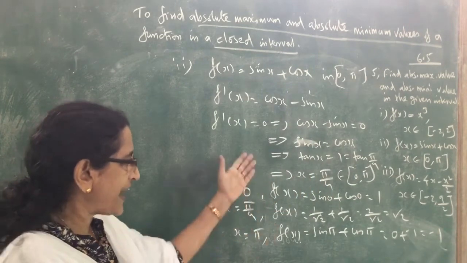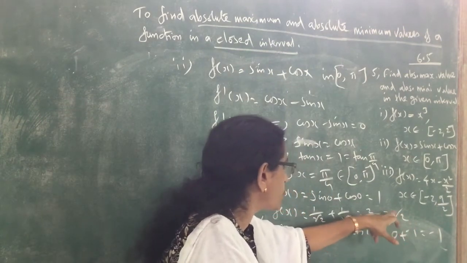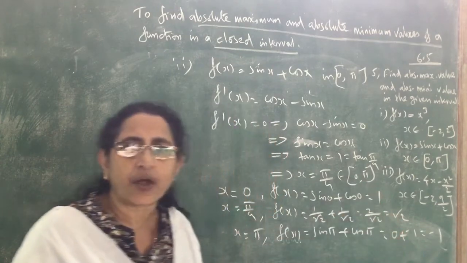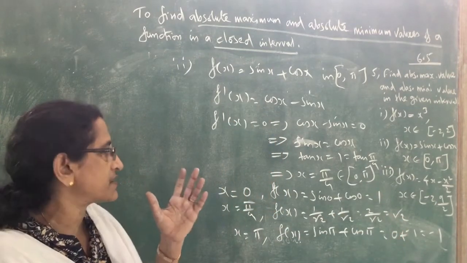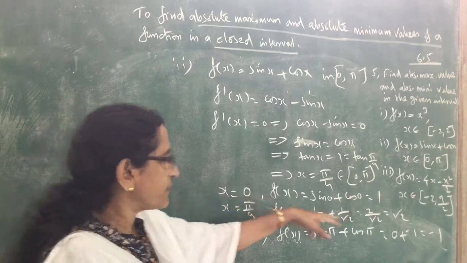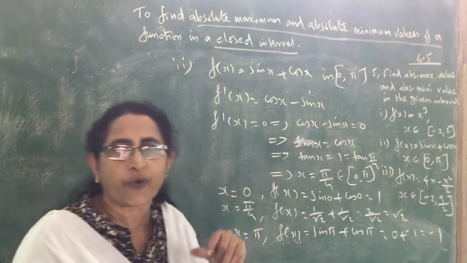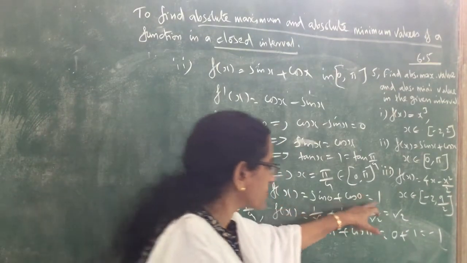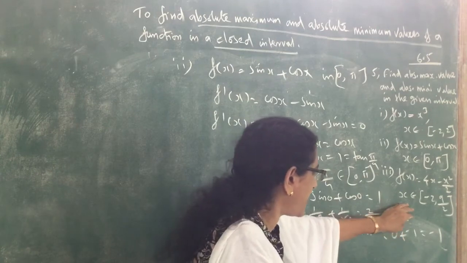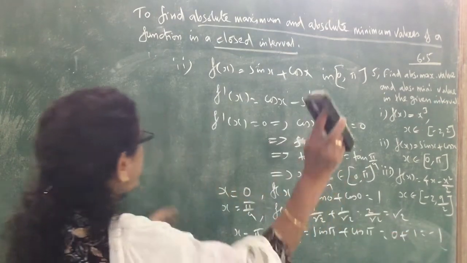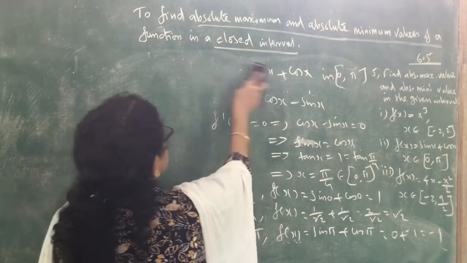So we got the values -1, root 2, 1. From these numbers, find the maximum, the greatest number. We know root 2 is approximately 1.414, which is more than 1. So this is the maximum number, and this is the smallest number. So what is the absolute maximum?